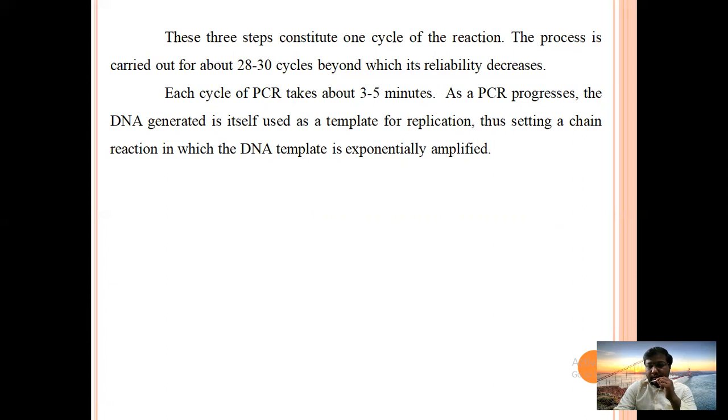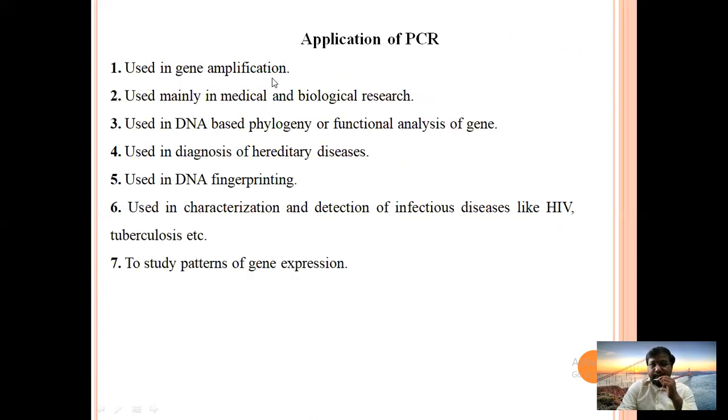Then in the second cycle, from these two copies, four copies are formed. Then in the third cycle, from these four, eight DNA copies are formed. So billions of copies are formed within these 30 cycles.